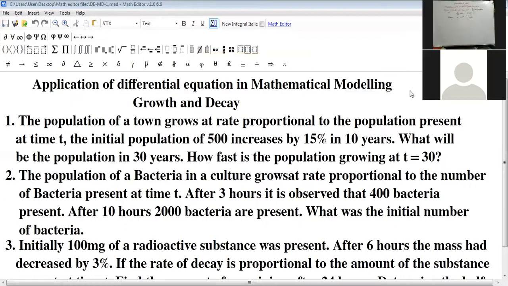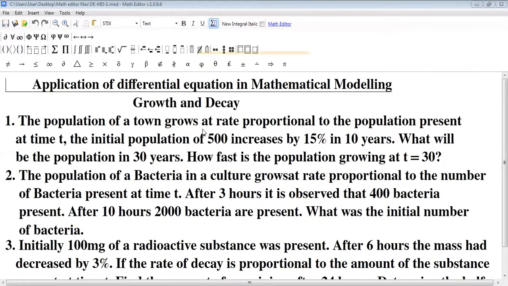So the first problem is: the population of a town grows at a rate proportional to the population present at time t. The initial population of 500 increases by 15% in 10 years. To find the population growth, we can use the differential equations.